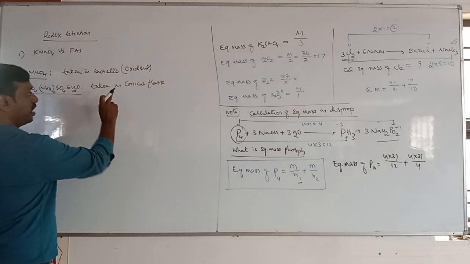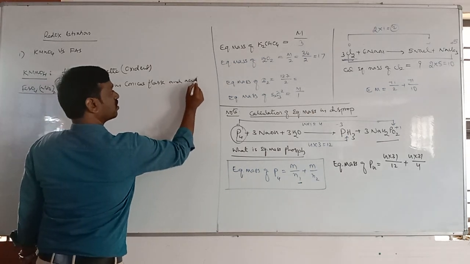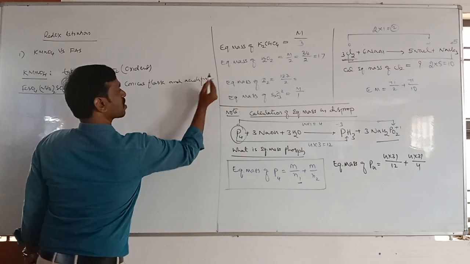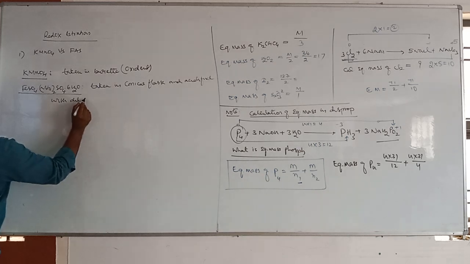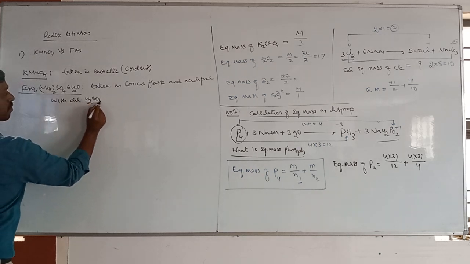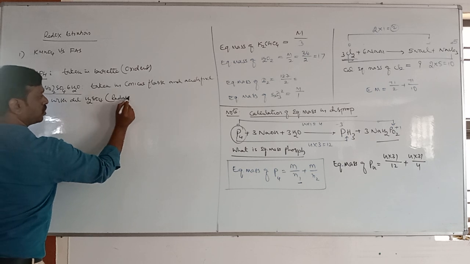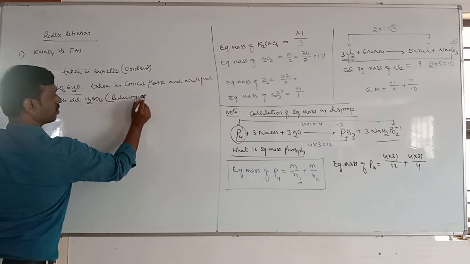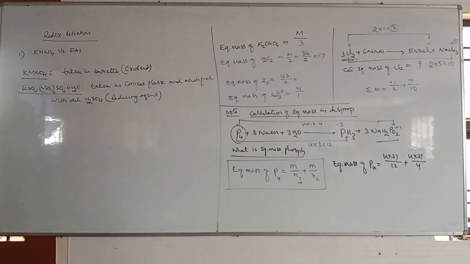It means it is taken in conical flask and acidified with dilute sulfuric acid, which is a reducing agent or reductant. Okay, right? What is oxidant and what is reductant?